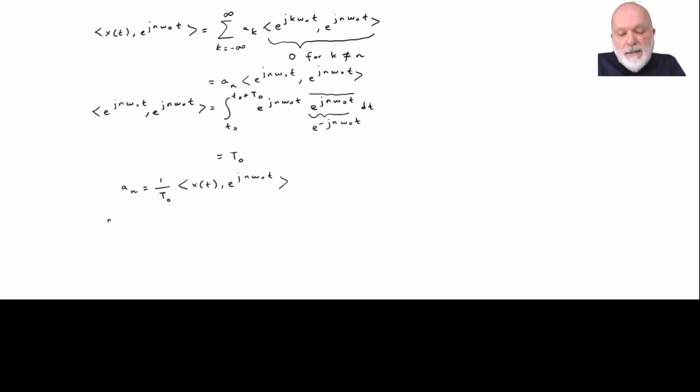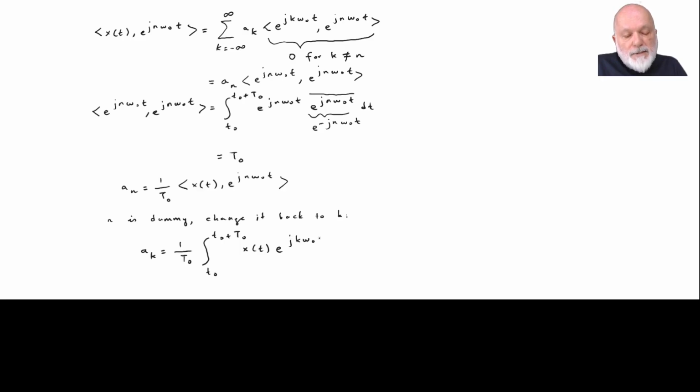Now here n is a dummy index, so we can change it back to k. So a_k is equal to 1 over T0 times the integral from t0 to t0 plus capital T0 of x of t e to the minus j k omega 0 t, with a minus sign because of the conjugation coming from the definition of the inner product, integrated with respect to t.